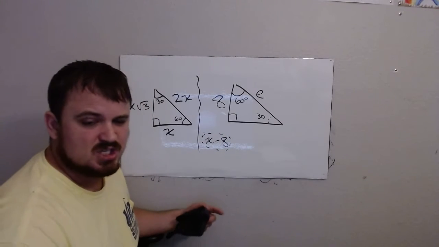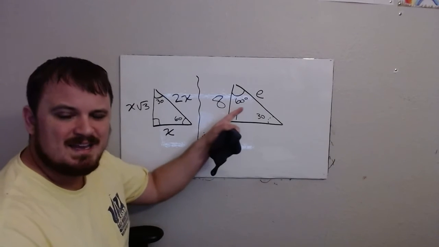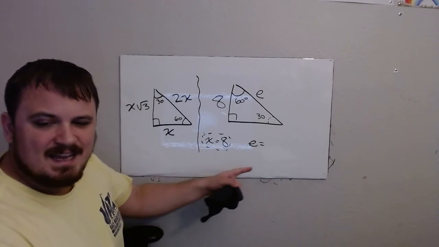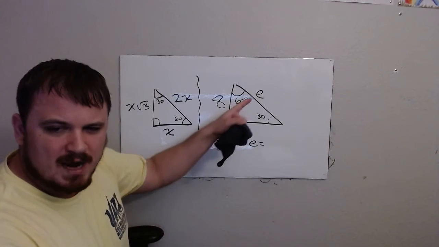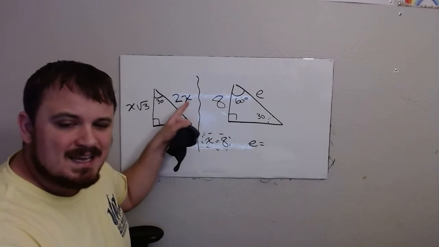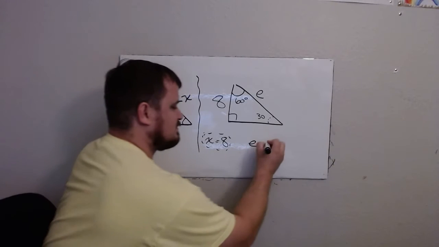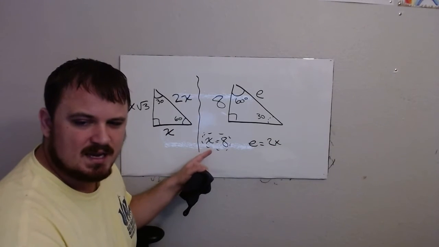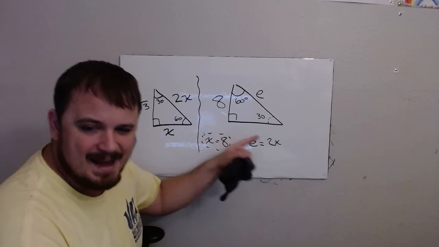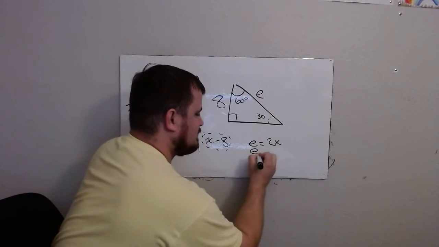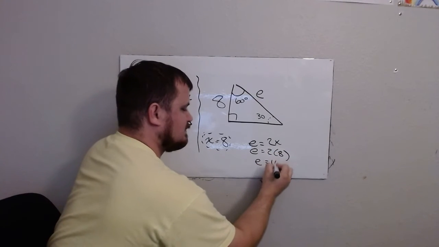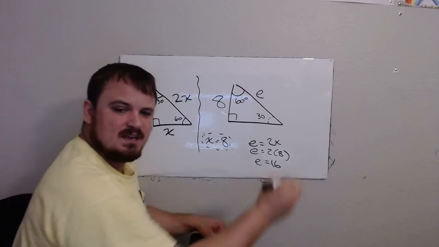This is going to make it easier. So then let's figure out what E is. E is across from 90. It's the hypotenuse. So E is supposed to be 2x, and we already established that x equals 8. So let's solve. Plug in 8 for x. So E equals 16.